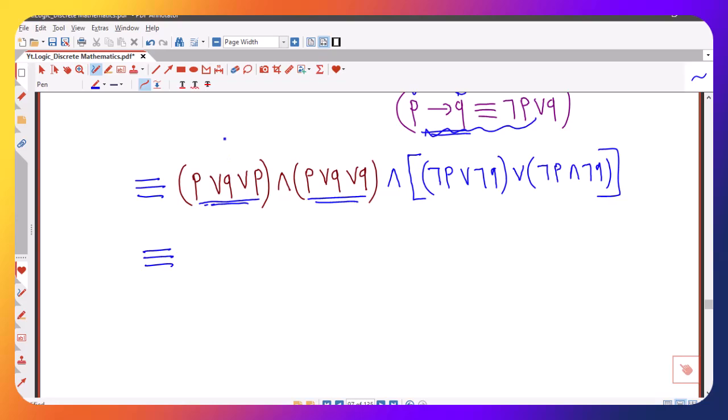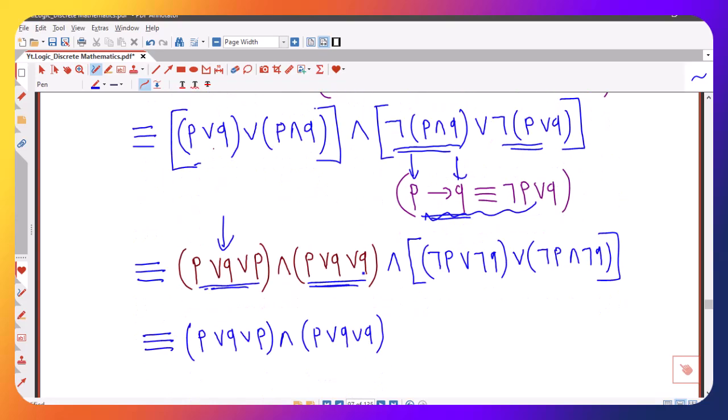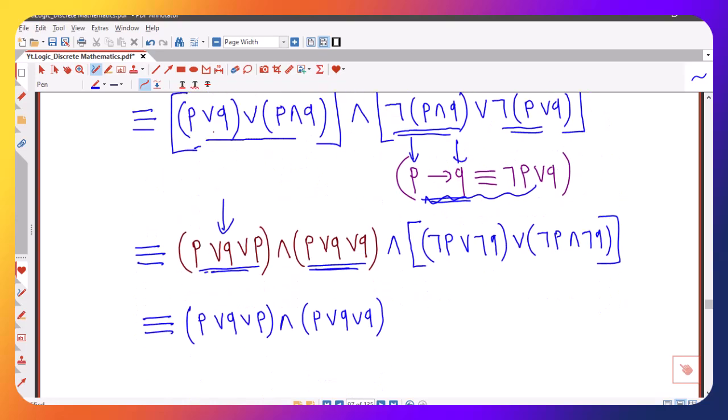We can observe that this is an elementary sum. We have variables connected by the OR operator. Here also this is an elementary sum. So we keep this as it is, (P or Q or P) and (P or Q or Q), that we have written by applying the distributive law here.